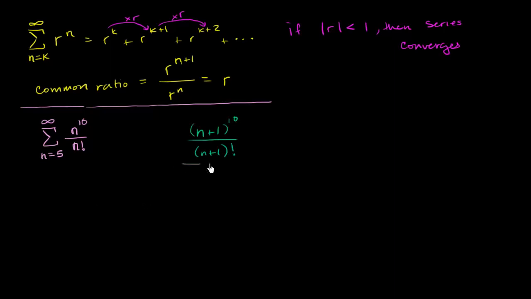So let's divide that by n to the 10th over n factorial. Well, dividing by a fraction, or dividing by anything, is equivalent to multiplying by its reciprocal. So let's just multiply by the reciprocal, so times n factorial over n to the 10th. Remember, all I'm trying to do is exactly what we did right over here. See if there's some type of a common ratio.